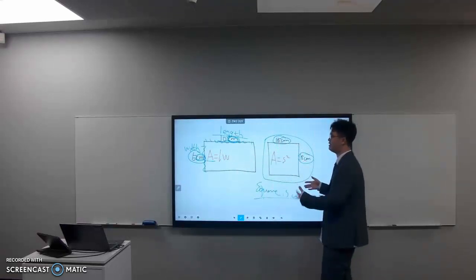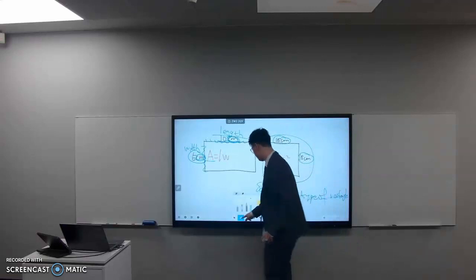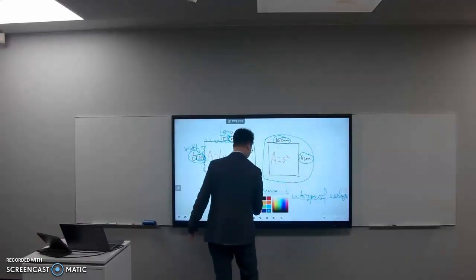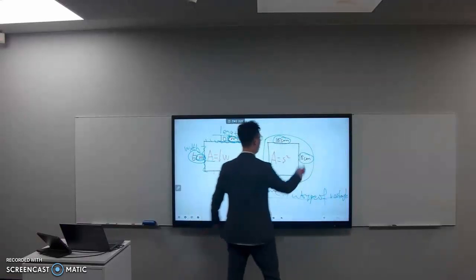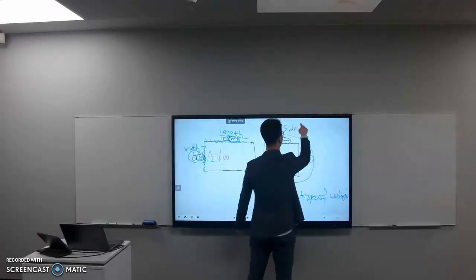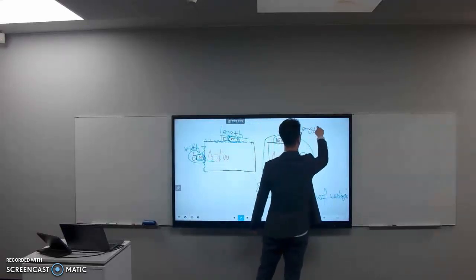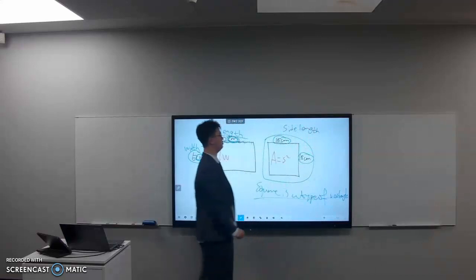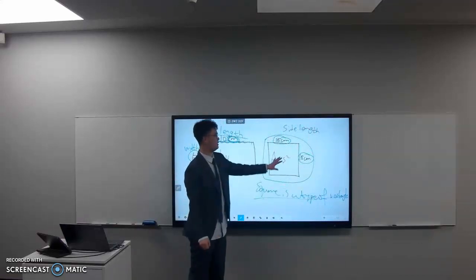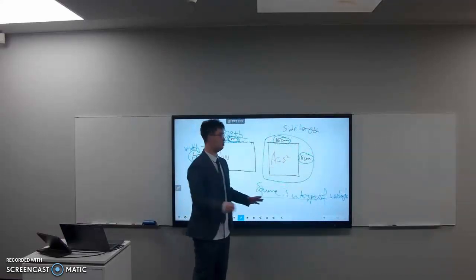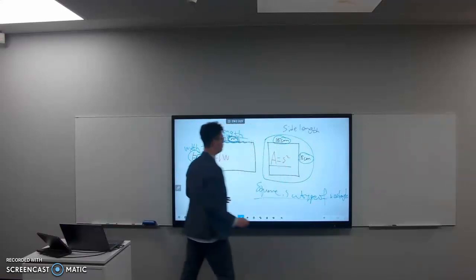You can't classify them anymore. So instead, we come up with another name called side length, and the formula is side length squared.